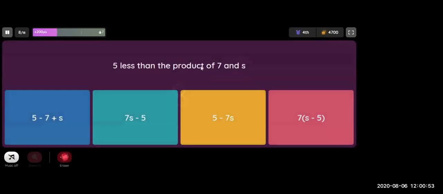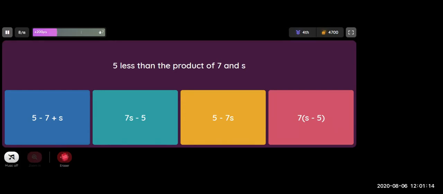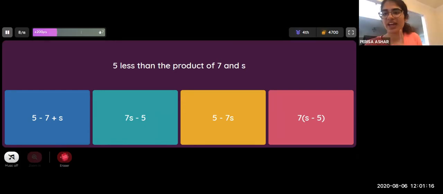Okay, now we have to write this expression: 5 less than the product of 7 and s. A few of you actually read the problem carefully. Good job, you corrected yourself, because 5 less than the product of 7 and s is 7s minus 5.